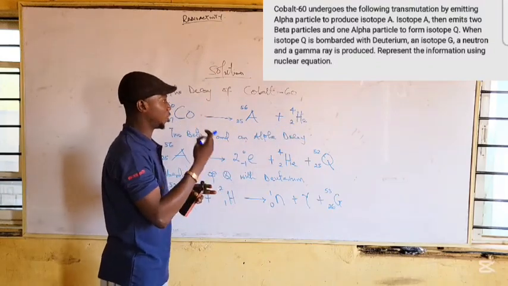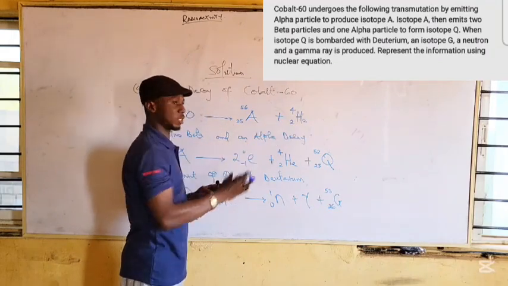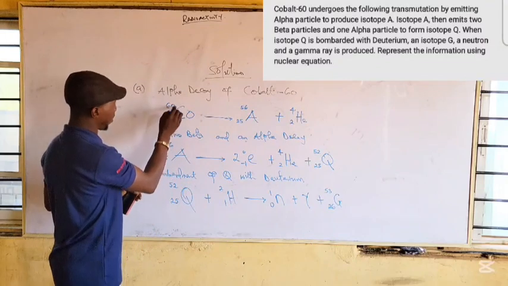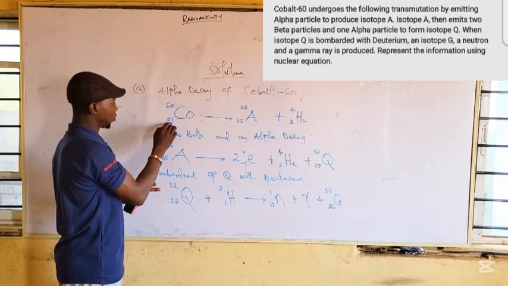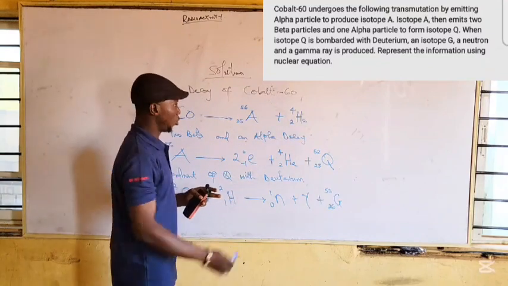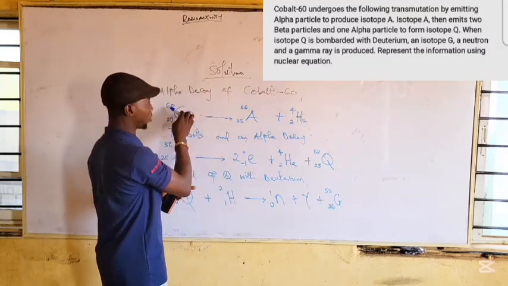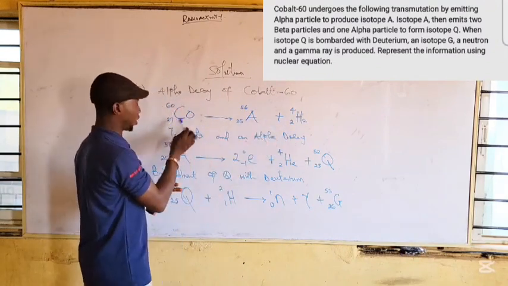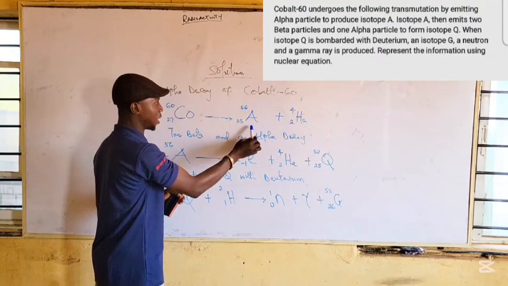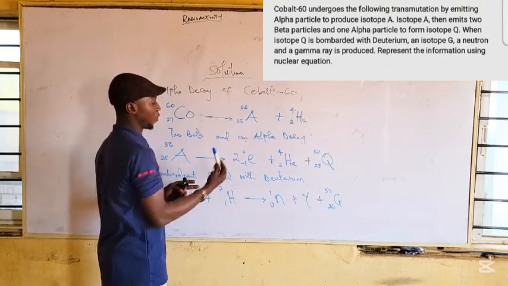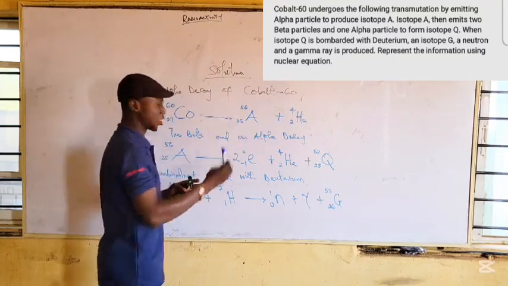So cobalt 60, the mass number is 60, the atomic number is 27, emitted helium. So we are going to subtract 4 from 60, then we have 56 left. We'll subtract 2 from 27 and we have 25 left to form isotope A. So isotope A has 56 mass number and 25 atomic number. That is the first statement.